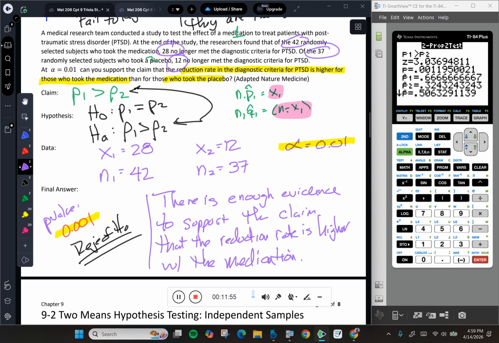So wherever this information is from, if you have PTSD, it looks like the data shows you should take the meds. The meds will help you out. Okay, all right, that brings us to the end of section 9.1. I'll see you for the next video, which is going to be section 9.2.